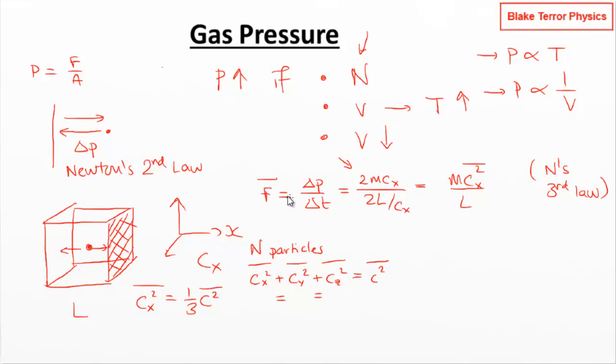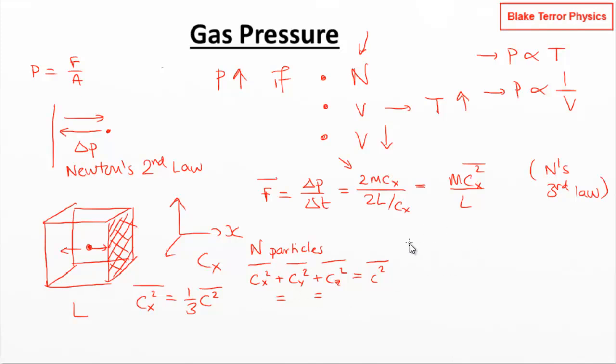If we're going for the average force, nothing changes with the mass. In an ideal gas, they've all got the same mass. These particles are indistinguishable. L is the length of the box regardless, so that doesn't change. The only thing we're averaging to get the average force is that component of the motion in the x direction.